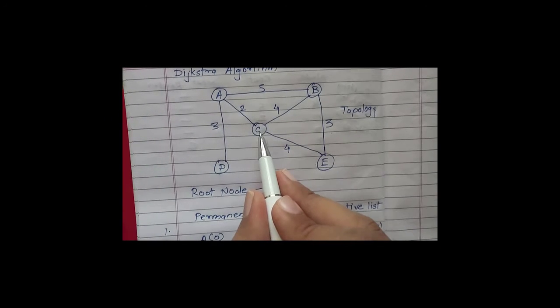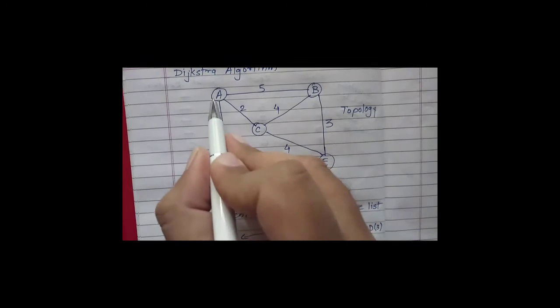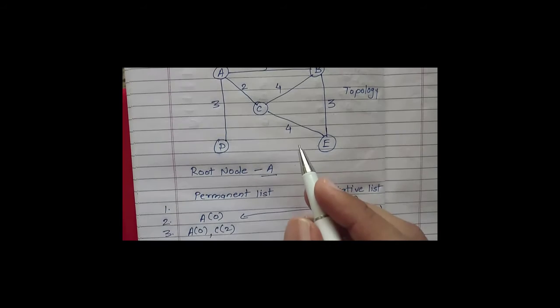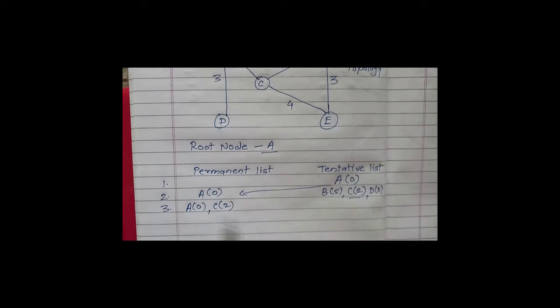Immediate adjacent nodes of C are E, A and B. But node A is already processed, which leaves the unprocessed neighbors as just B and E.